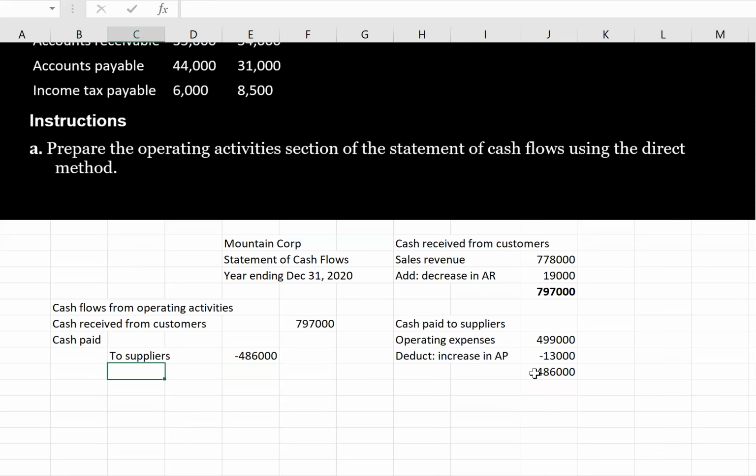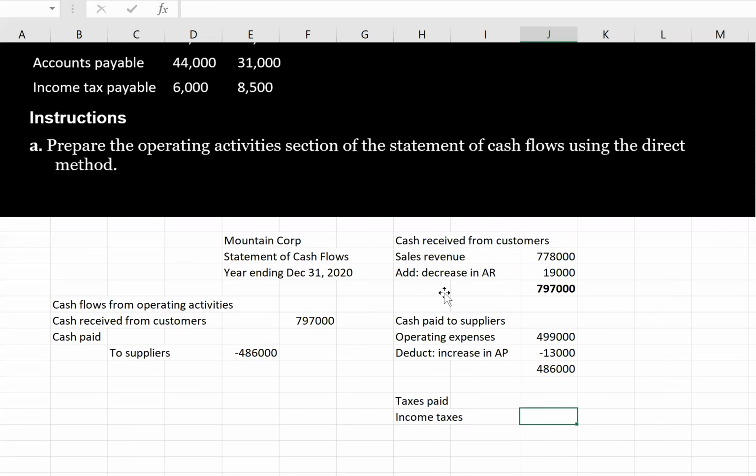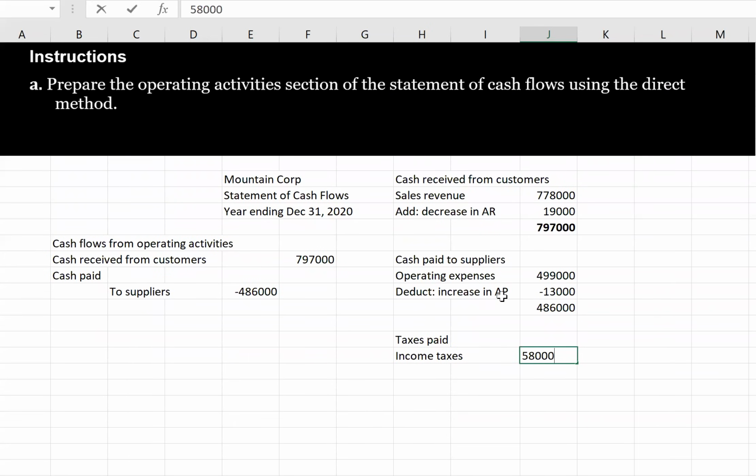And now let's figure out tax. So taxes paid. We're going to have income taxes from our income statement. So let's find that number on the income statement. Income tax expense, 58,000. And that would be the combination of current and deferred tax. So we look at it together for the cash flow statement.